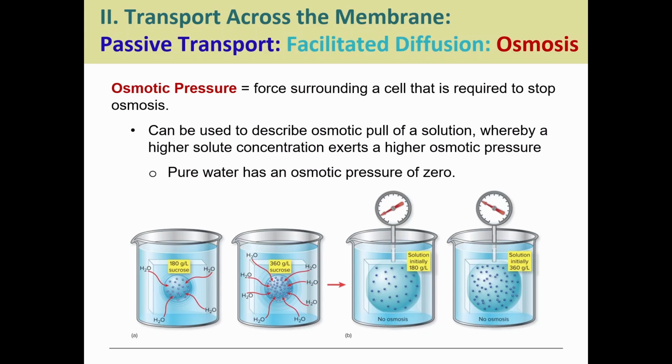When you have a high solute concentration, the pressure pushing down on the cell versus the pressure being pushed outward, the pressure being pushed in is very high compared to the pressure pushing out. And then if you're in a hypotonic solution, there's no real pressure, or very low pressure, being pushed on the cell. So the pressure on the inside of the cell is pushing out really hard. So that's why we see that expansion. And that's why we see the water being drawn in.